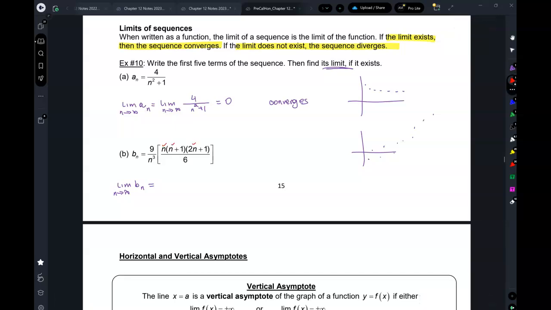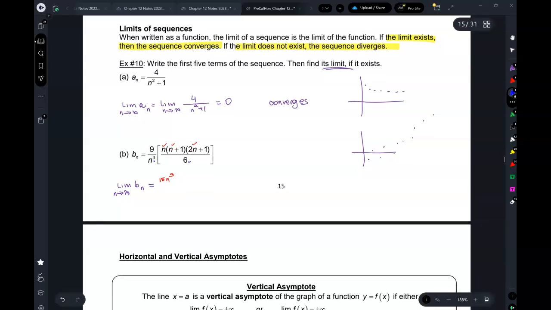I got n, 2n, so that's basically like 18n cubed, because you've got the factors too. You have a 9 here, you have a 2 here, you multiply all of them together. You have to look at the coefficients, because if the degrees are equal to each other, then you have to compare the ratios of the coefficients. At the bottom, you have 6n cubed.